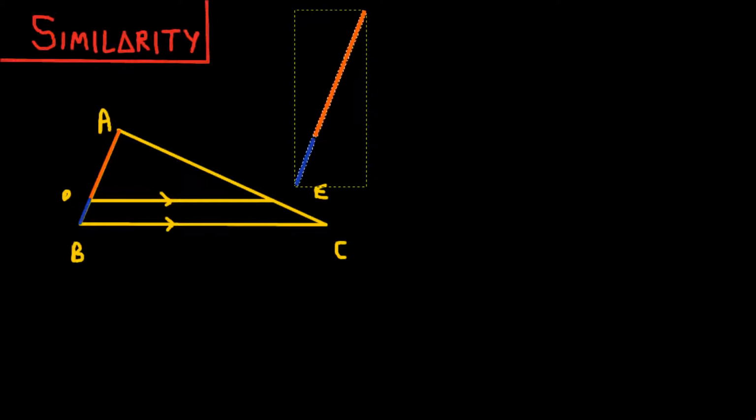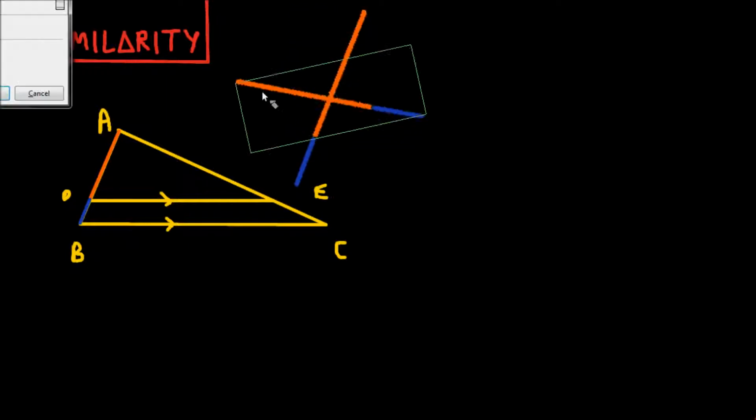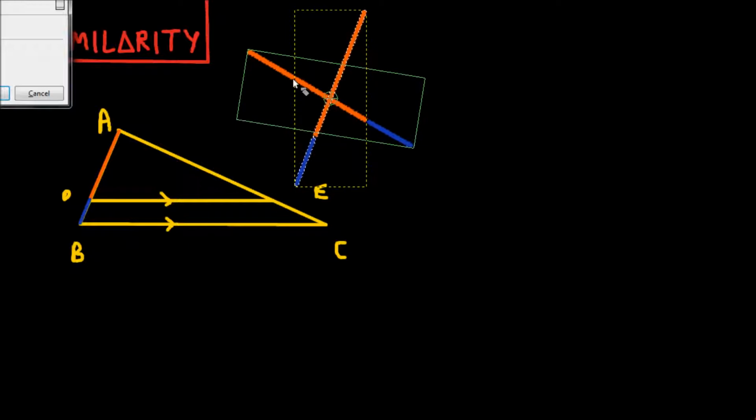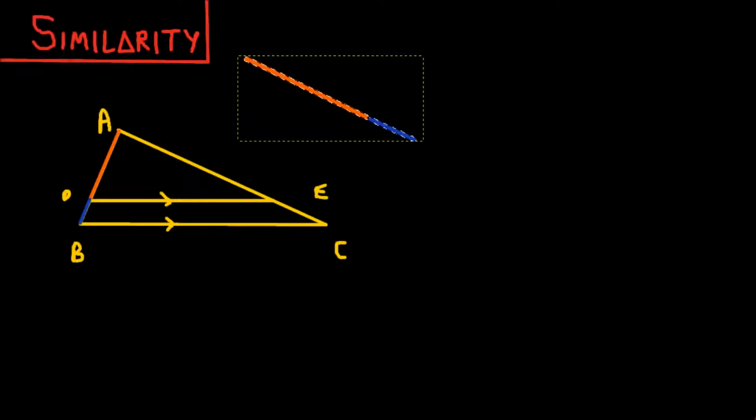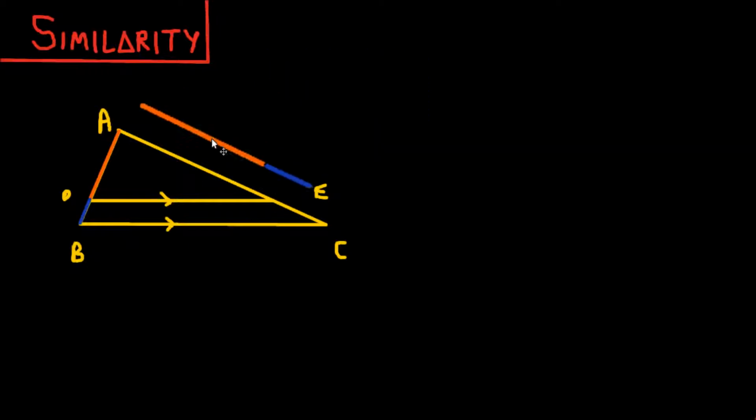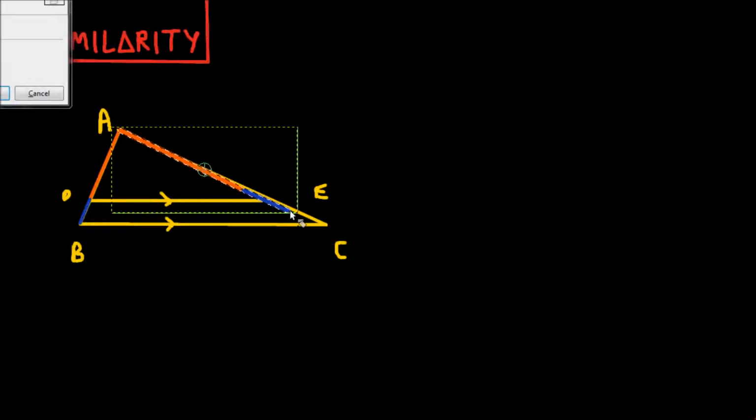So now what I'm going to do is just rotate this line along AC in the direction that AC is in. And I'm going to place this line right here. And you can see that it's falling short a bit, and it's also not rotated very nicely. So I think this should be good.